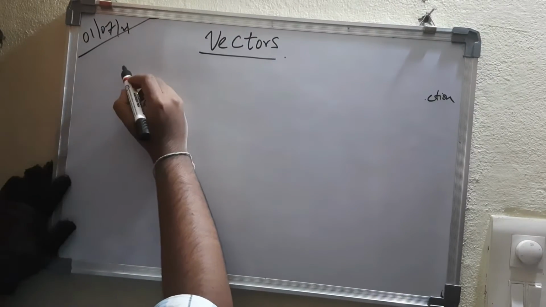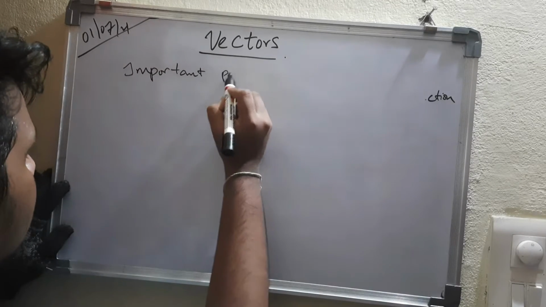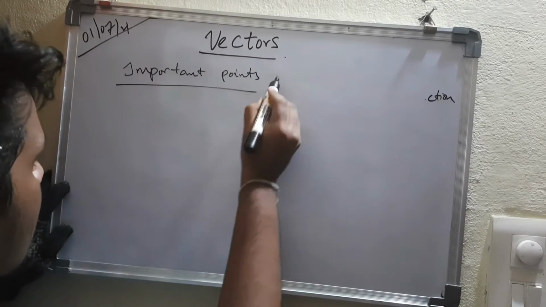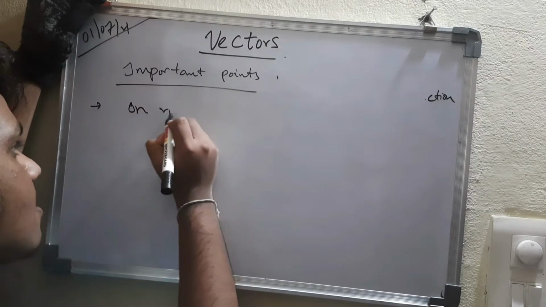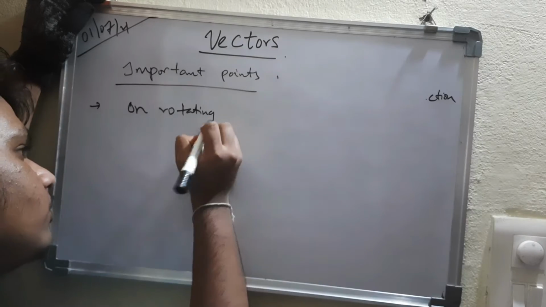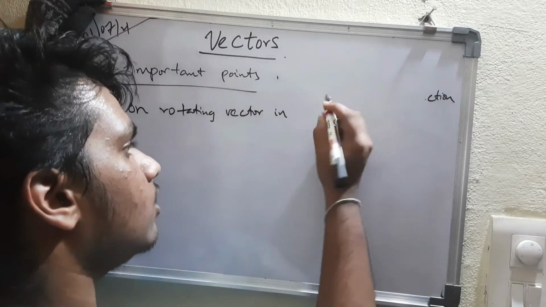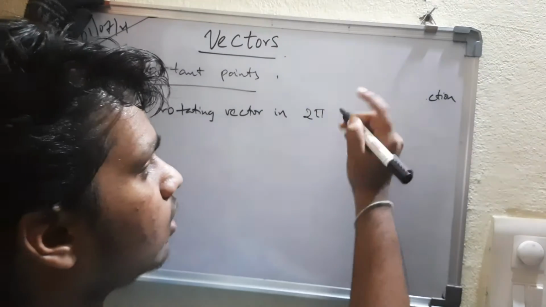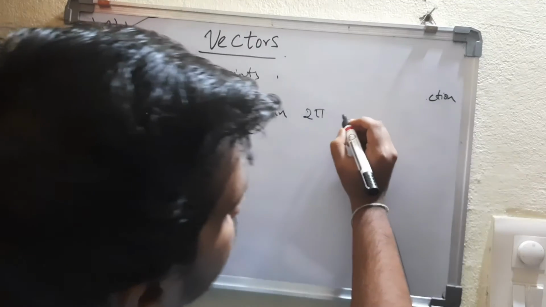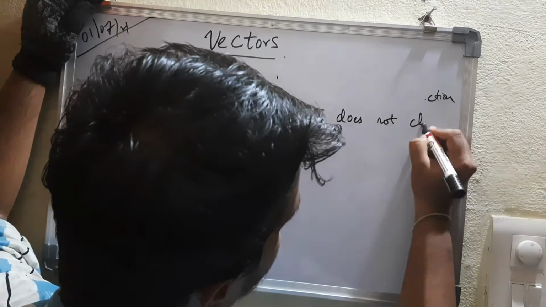Now some important points. First point, rotating a vector by 2 pi does not change the vector.